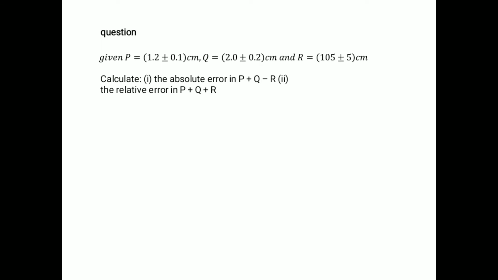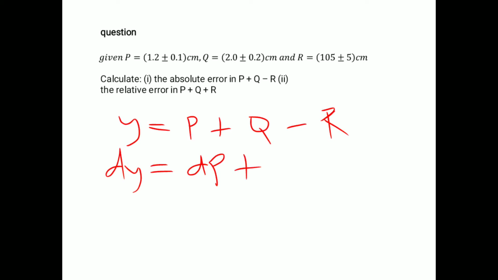So we are asked to calculate the absolute error in P plus Q minus R. Just the absolute error. So we're interested in just the error. Now, let Y be equal to P plus Q minus R. Since we're interested in just the error, that means my error in Y will be equal to error in P plus error in Q plus error in R, because it has to do with addition and subtraction.